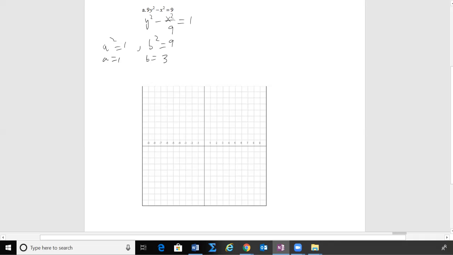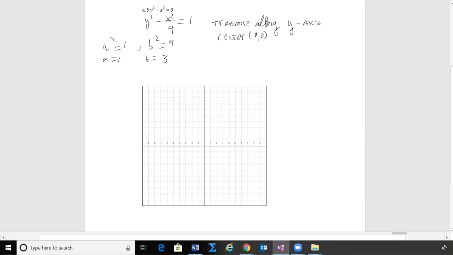Now from the looks of this, since the y term is positive, you know it's transverse along the y-axis. And we can also see that the center is still at 0, 0.